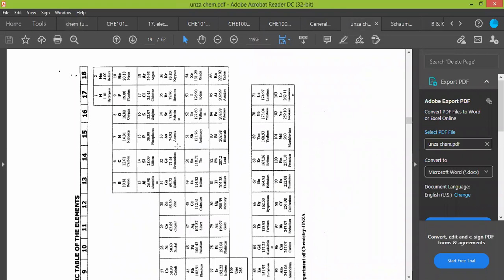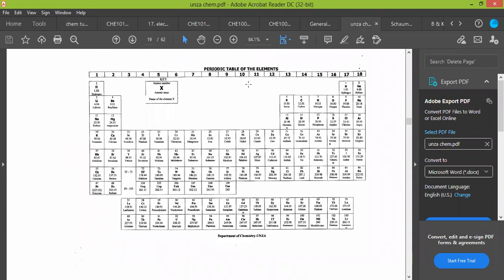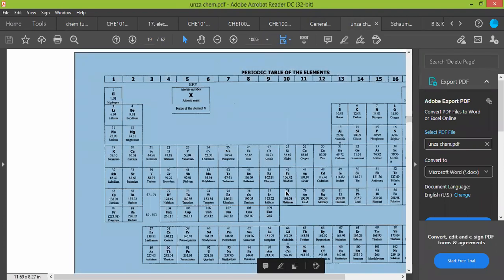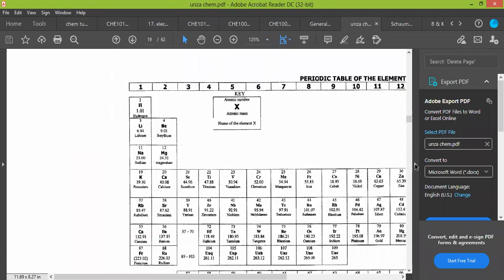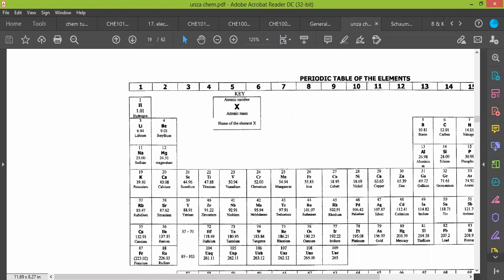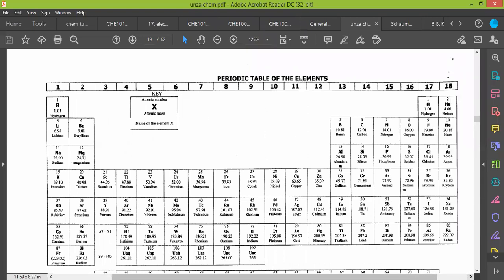Okay, the atomic mass for aluminium, aluminium is in this group. 26.98.